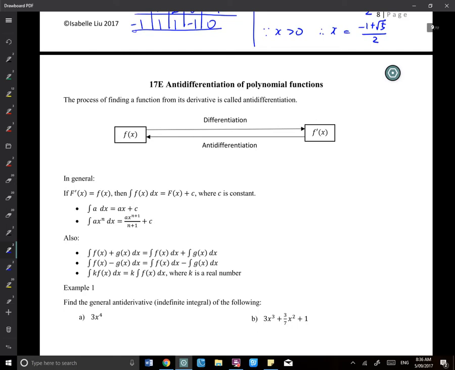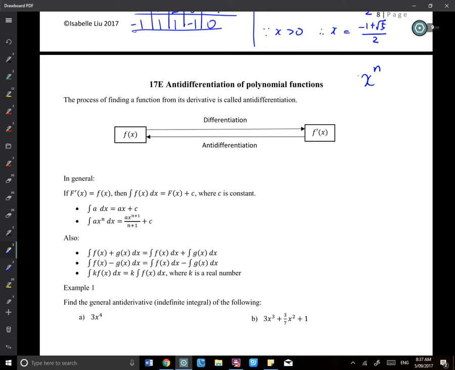Because we only learned how to differentiate x to the power of n, therefore we will learn how to anti-differentiate that. So it's going in reverse. I have f(x) into f dash x, that's called differentiation. Then if I have f dash x and I'm trying to go back to f(x), that is anti-differentiation.